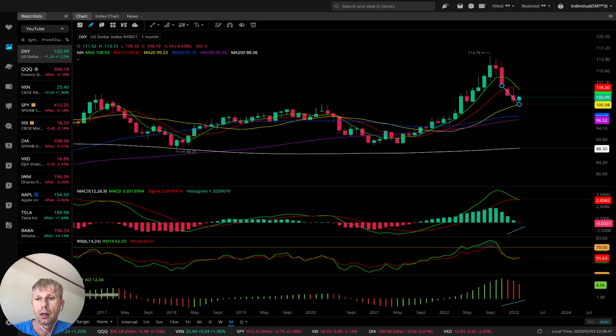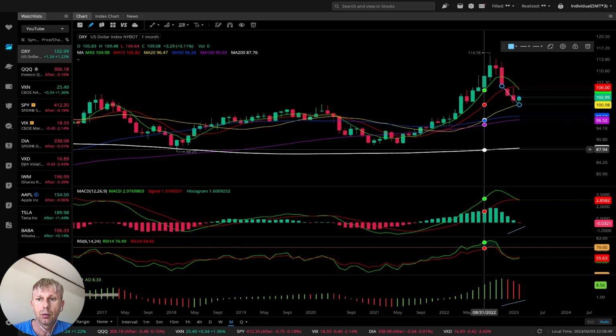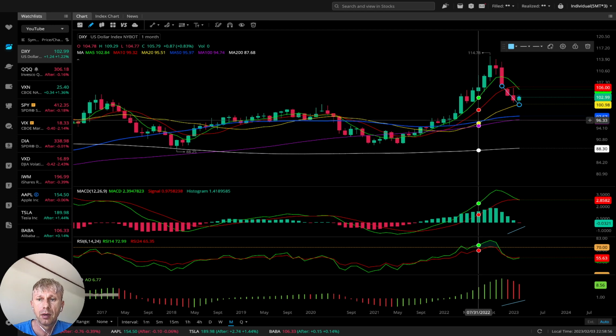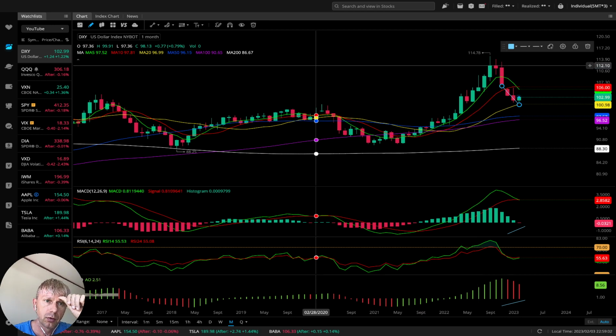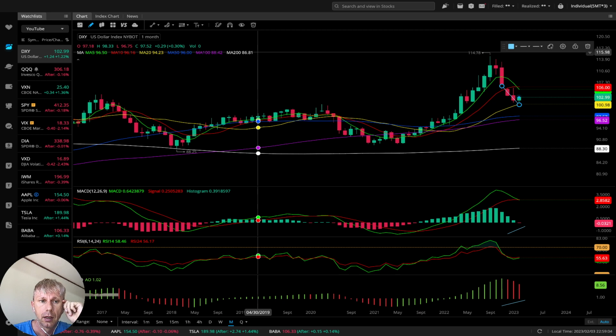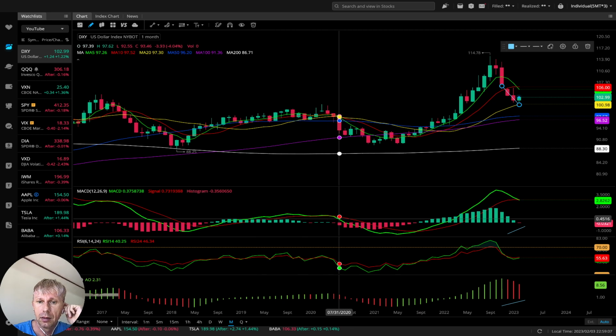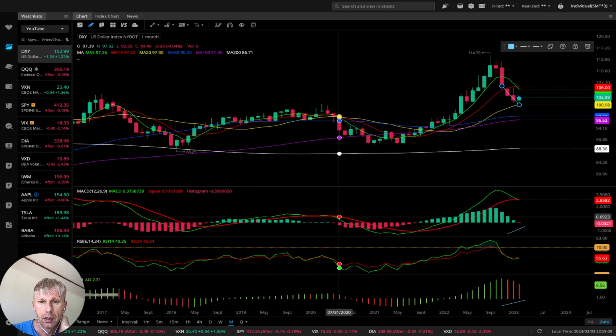I'm using moving averages: white line MA 200, purple line MA 100, yellow line 20, blue line MA 50, red line MA 10, and green line MA 5. This line shows all values and colors. MACD, green line is the MACD line, red line is the signal line.